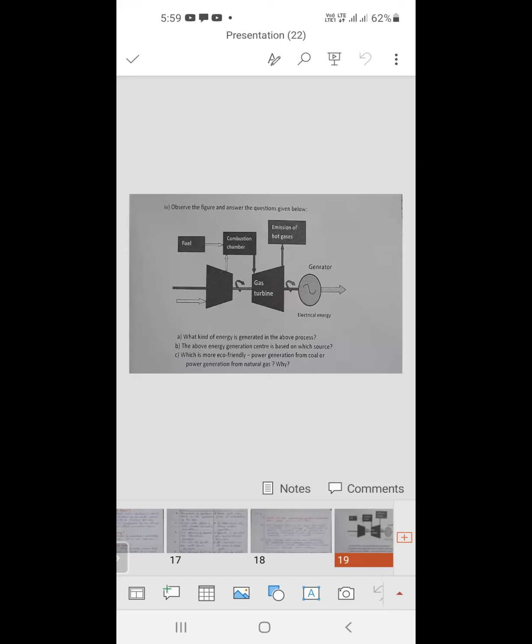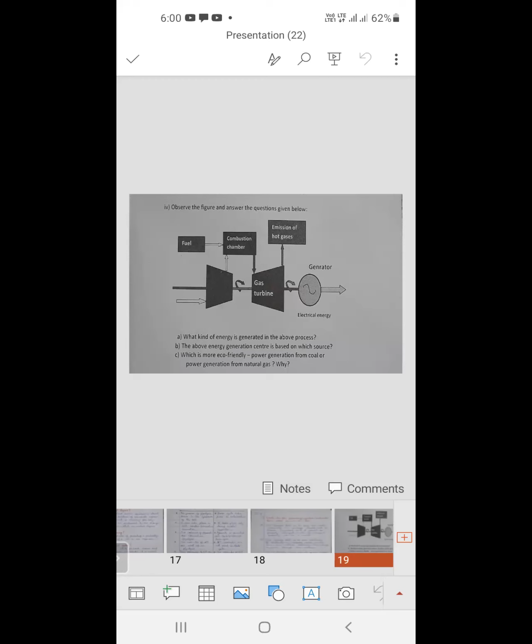So for the first question, how will you write? The diagram is a flow diagram showing electricity generated from natural gas. So electricity is generated through natural gas.